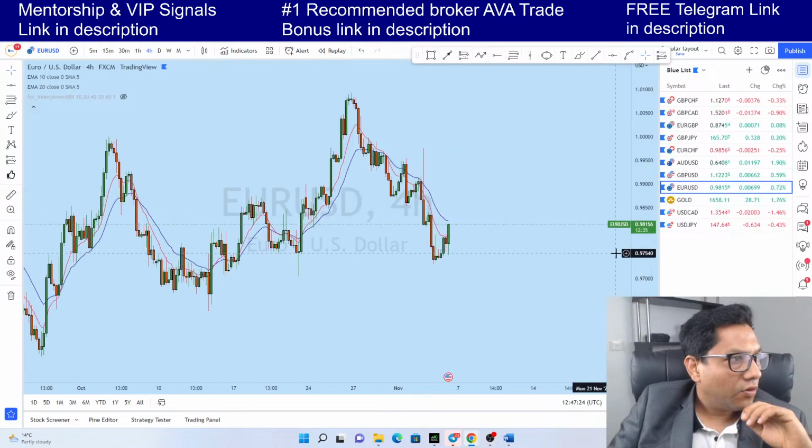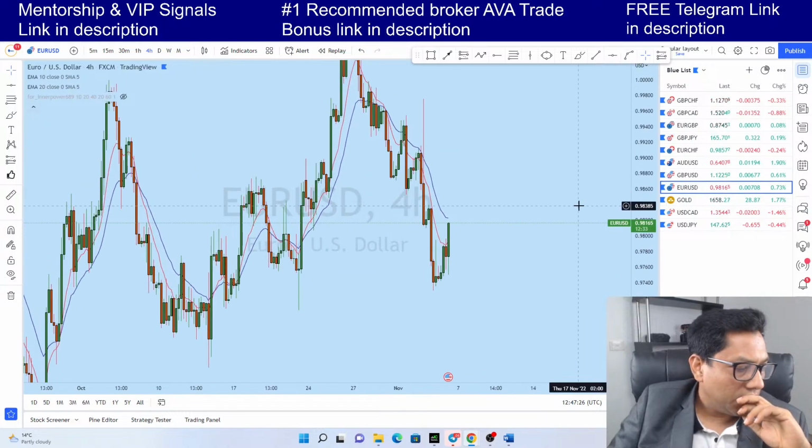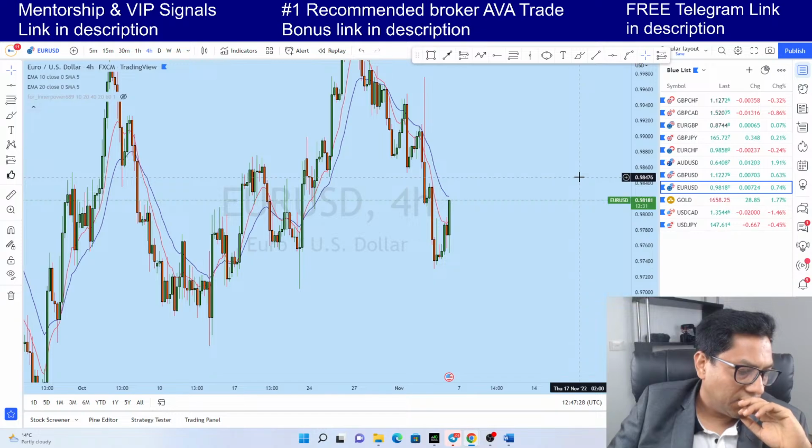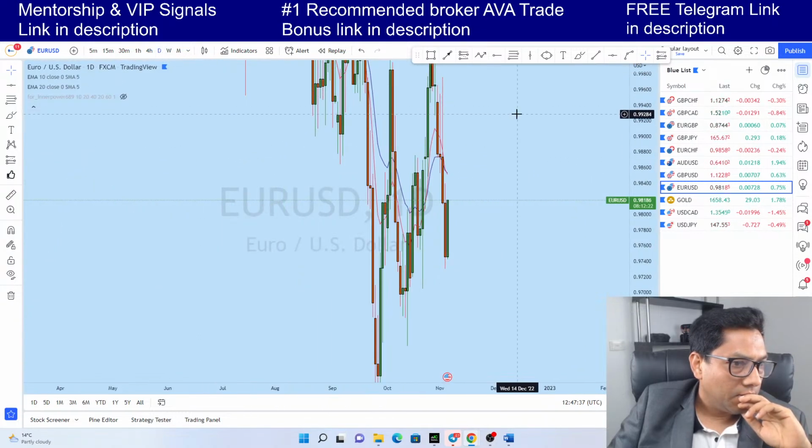So see, euro dollar is approaching this 20 period moving average. That is the daily 20 EMA also it is approaching.